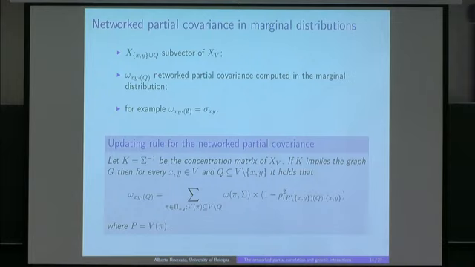The network partial covariance has a very nice rule to update its value: it can be updated by looking at the paths that disappear as a consequence of marginalization, and so it is very clear how a path can affect the network partial covariance under marginalization. With such a nice connection, for instance, partial covariance doesn't have that. So they seem to be very natural quantities to be considered in this case.